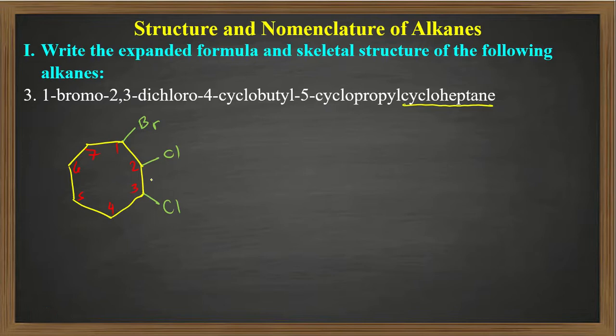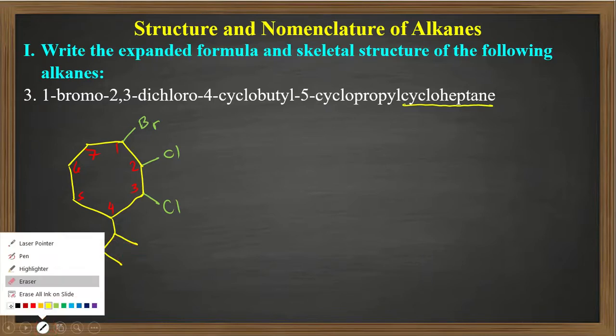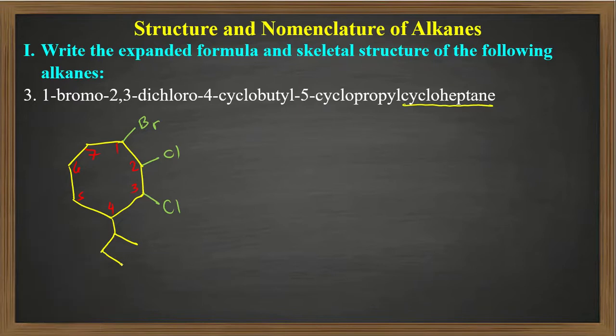So cyclobutyl, meaning it's a ring na substituent, no? Consisting of 4 carbon atoms. Okay? That is cyclobutyl. Alright. Ayan. Challenge yung ating expanded formula nito.